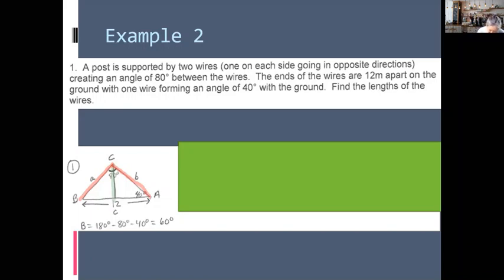Then, as it was indicated, this is 80 degrees. And it doesn't matter which way you pick, but one of the wires makes 40 degrees with the ground. And then each end of the wires on the ground are 12 meters apart, right?